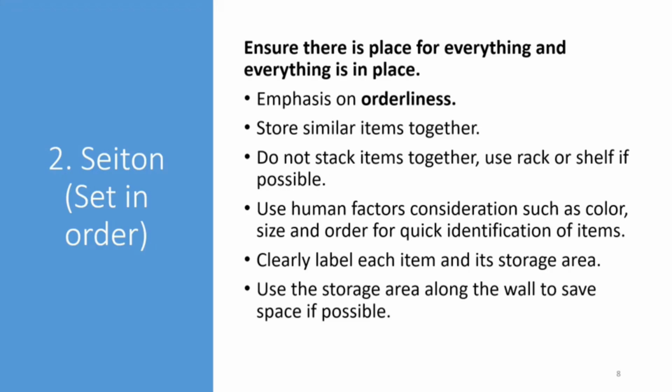For example, we can store items which are more frequently used at more easily accessible location so that we can quickly find them. Each item should have its own designated place and it should always be put back to that place after each usage. And we can further save the space by storing items at places like shelves and the storage cabinet.